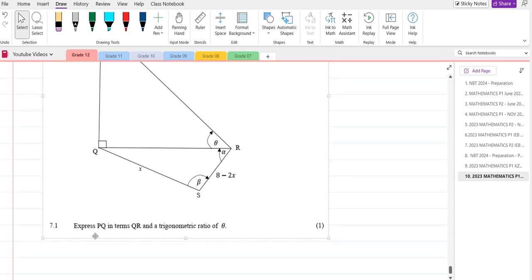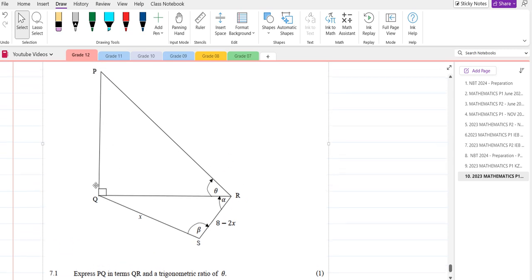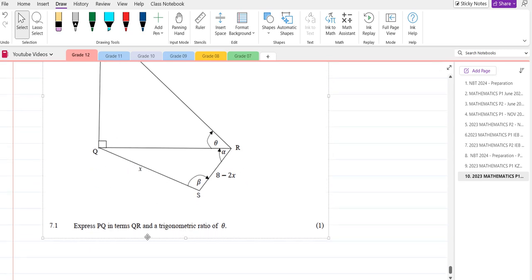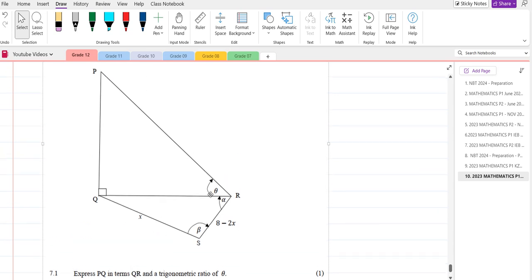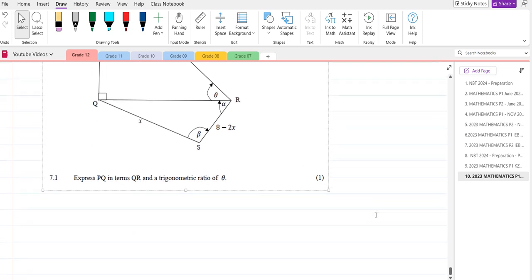Now express PQ and QR in terms of QR and trigonometric ratio of theta. So what is PQ and QR? PQ, QR, you're going to get tan. Tan theta equals PQ over QR. Let's write that down.